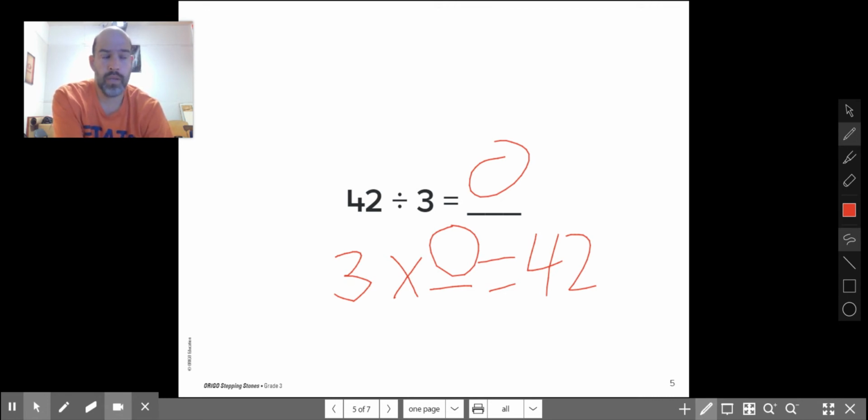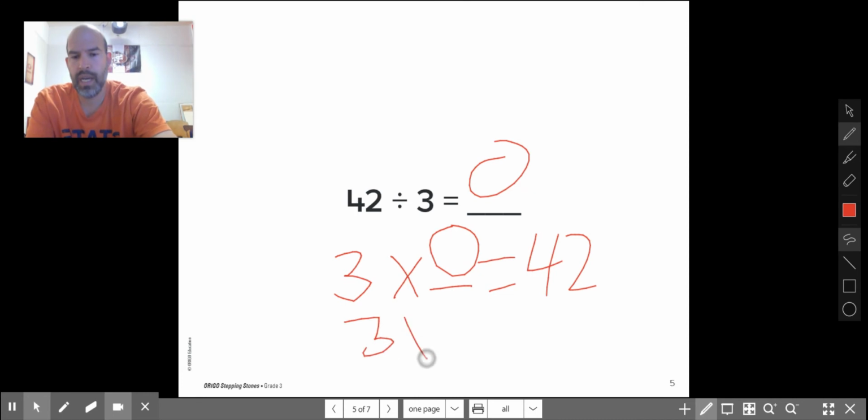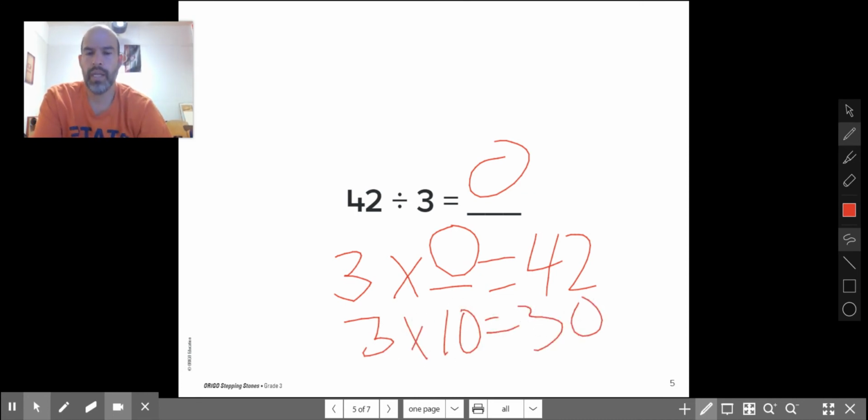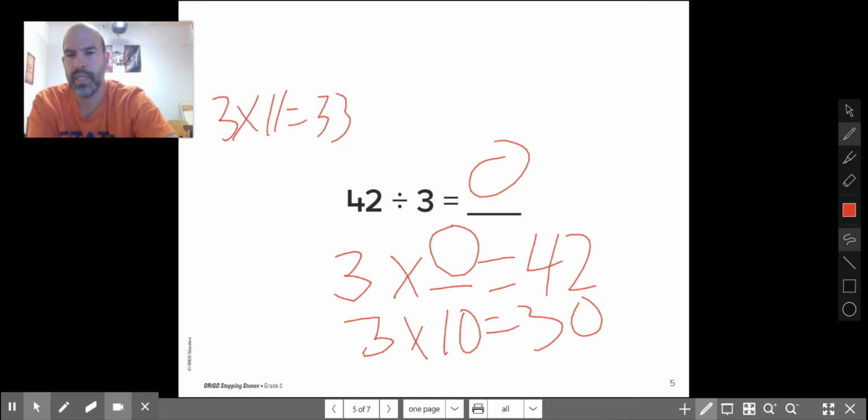Well, could we start with multiplying by a known number of 3? So 3 times 10 equals 30, correct? All right, let's go up. 3 times 11 equals 33.